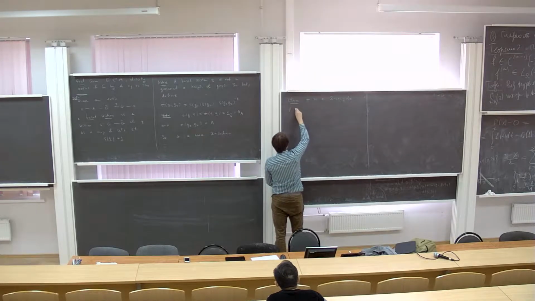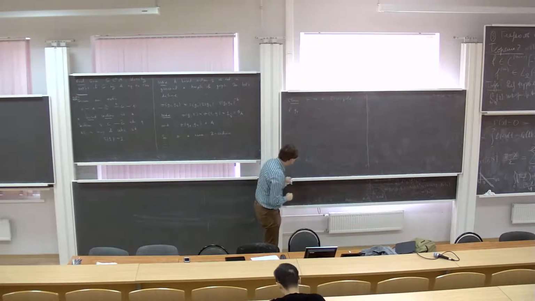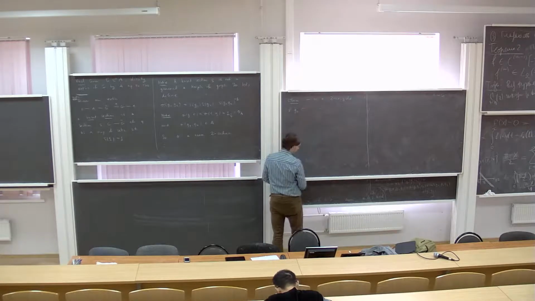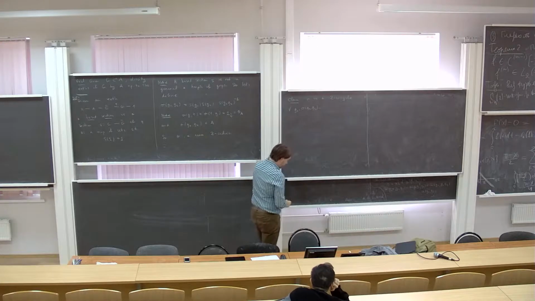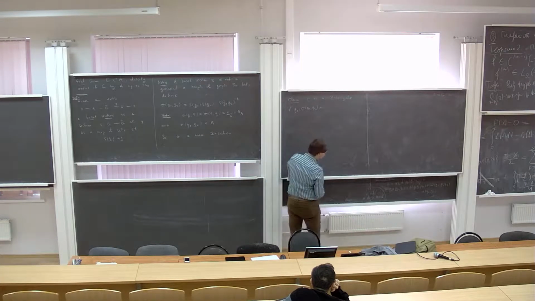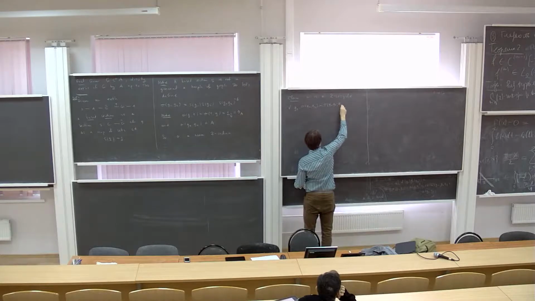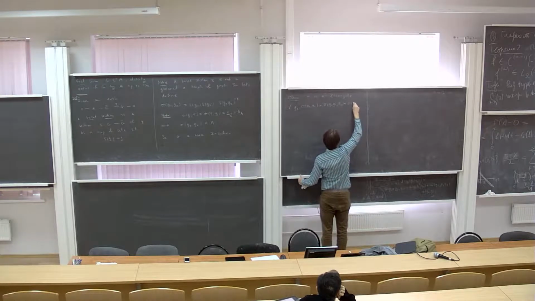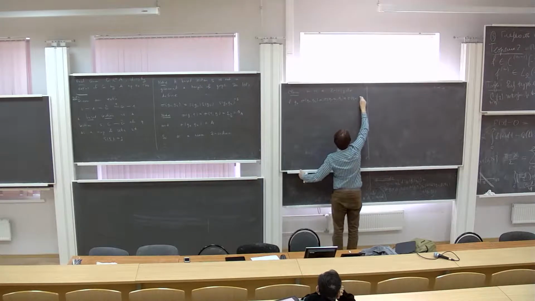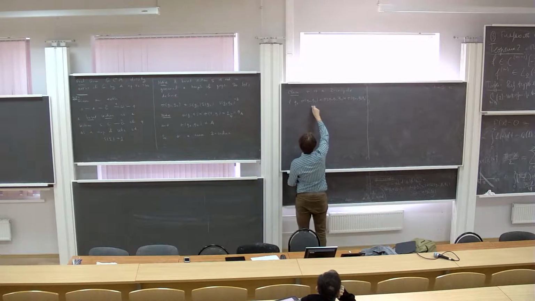Let's write G1 acting on sigma of G2, G3, minus sigma of G1 G2, G3, plus sigma of G1, G2, G3, minus sigma of G1, G2.